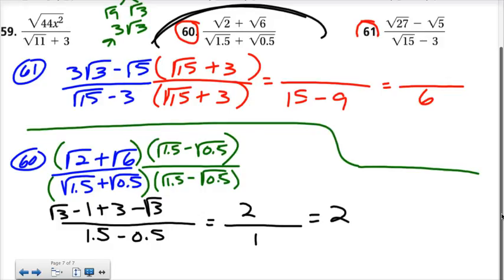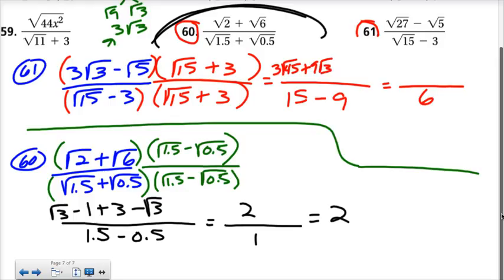We have 3 square roots of 3 times the square root of 15. So that's going to be 3 square roots of 45. Then we have outside times outside. 3 square roots of 3 times 3 is plus 9 square roots of 3. Inside times inside.